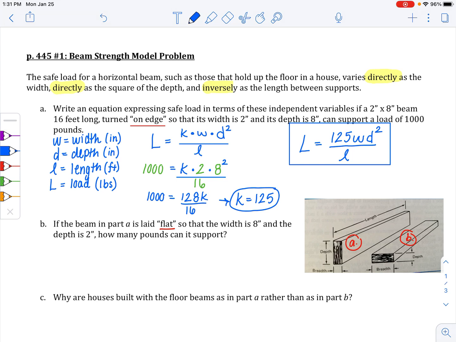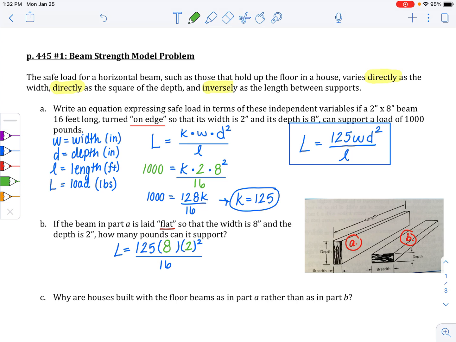So we're going to use the same equation. L equals 125. This time our width and our depth are changing. I'm going to leave everything else the same. We still know it's 16 feet long, but this time the 8 is the width and 2 is the depth.